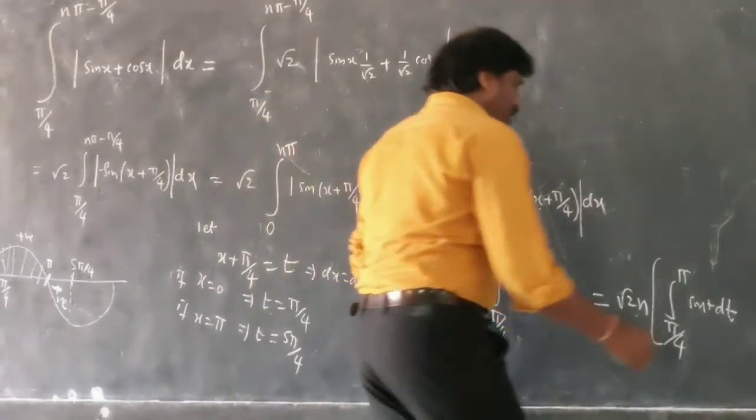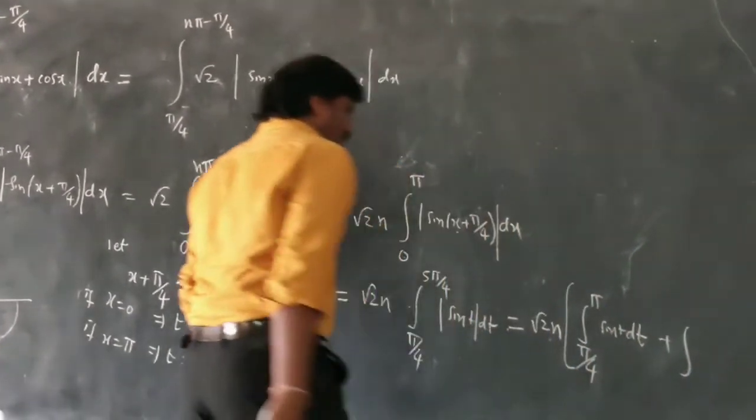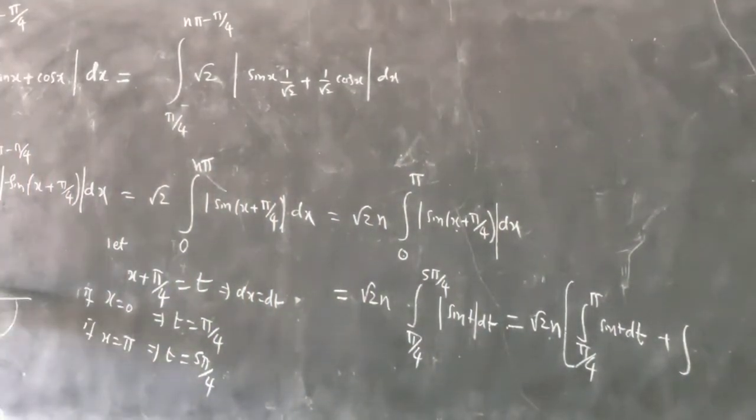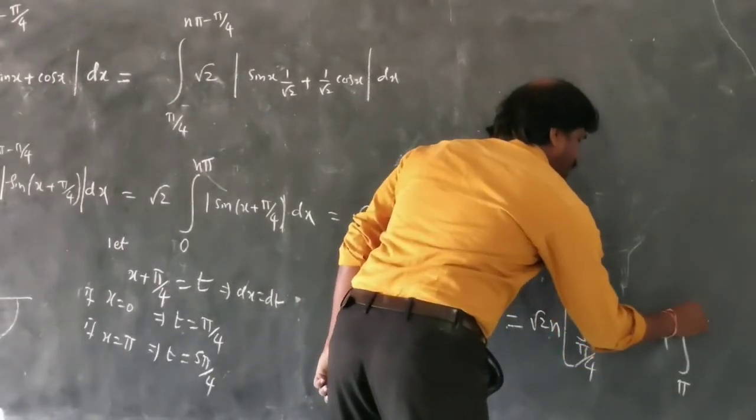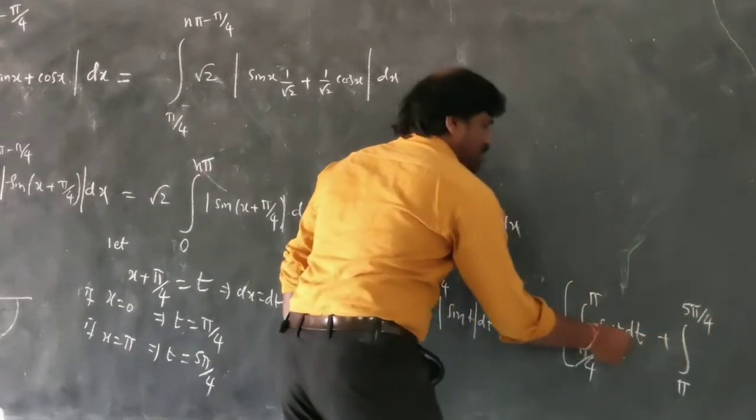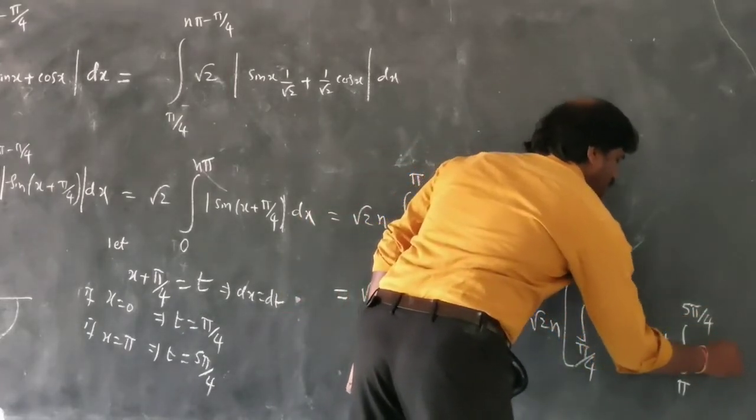Next, after the plus symbol, I use the limits pi to 5 pi by 4, where I will get minus of sin t dt.